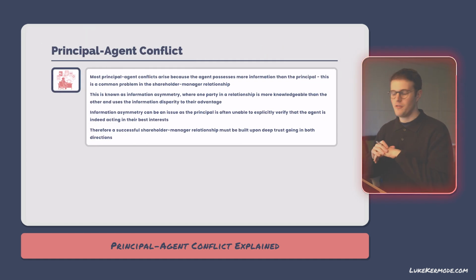Managers can act in their own best interest to further their own objectives and put the objectives of the shareholders to one side. And this issue arises because of something known as information asymmetry. So in a company scenario, managers possess more information than the shareholders.